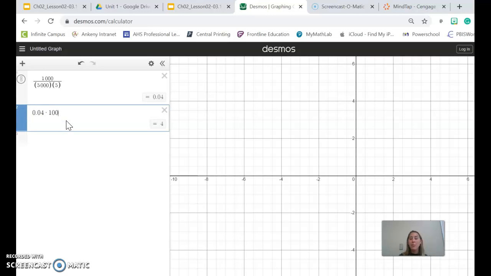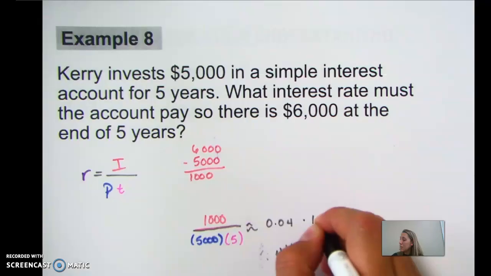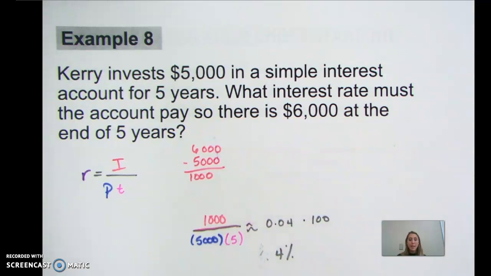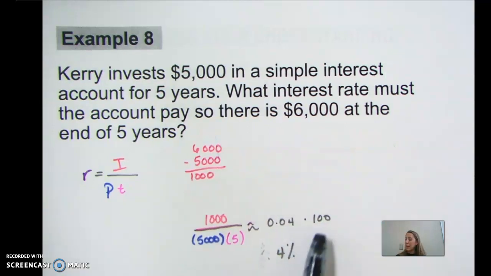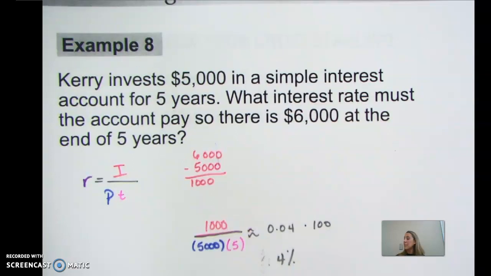And that's going to give me my percent. So then I end up with about, or roughly, 4%. Or exactly, actually, it's not roughly, it's exactly 4%. Sometimes it can be an approximation, but this time it is not. So if we go back to this, I was showing you my paper. So I had to multiply that by 100, and I got 4%.